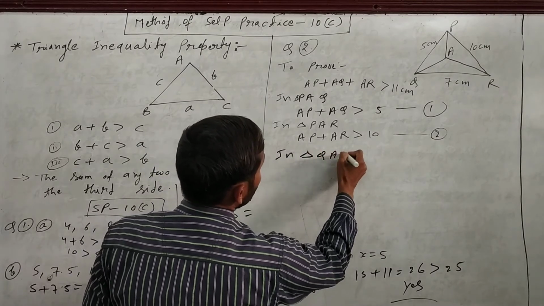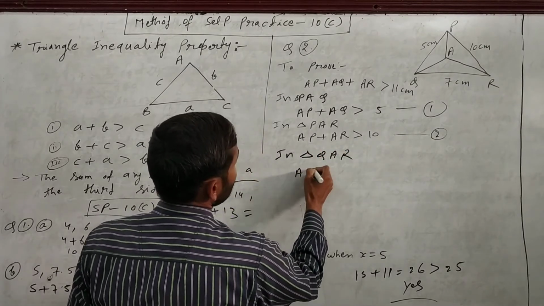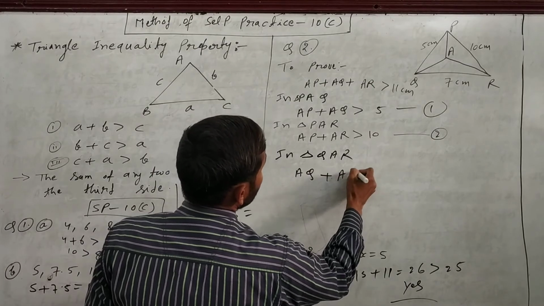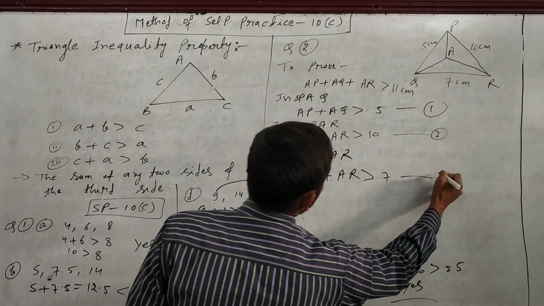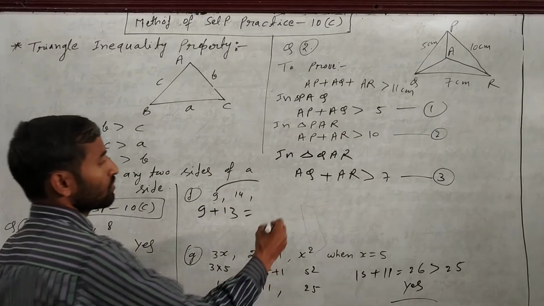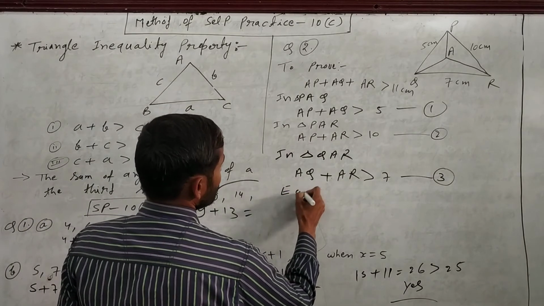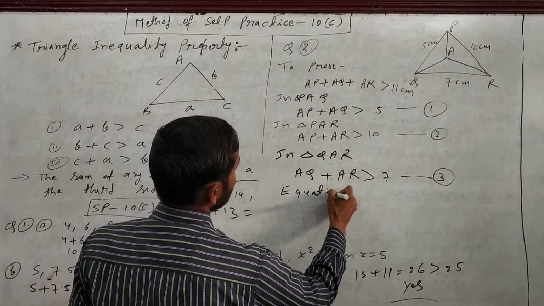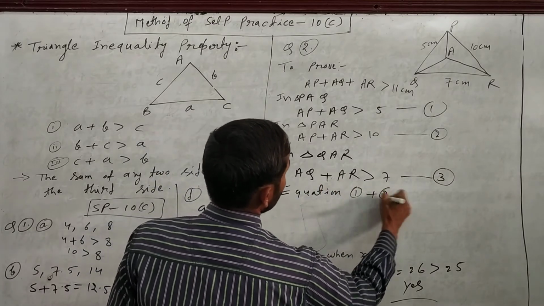So AQ plus AR is greater than 7. Equation number 3. Just you add all three equations, equation 1 plus 2 plus 3.